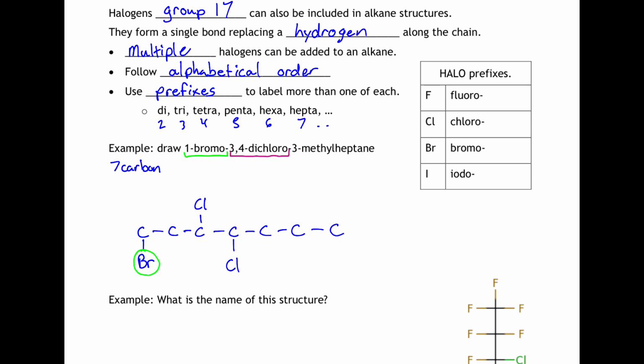Let's finish circling them in the right colors. And then we have our next group here, a 3-methyl group, so a single carbon group on carbon 3. So we put a carbon group there, and that'll do it. So that's my carbon group there. And now I will just add my dashes to fill out the rest of this compound.